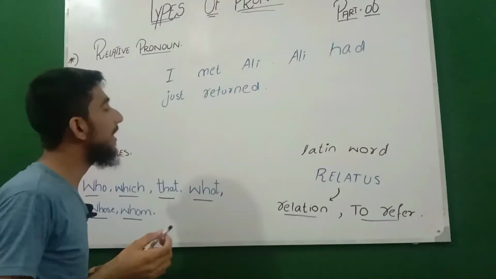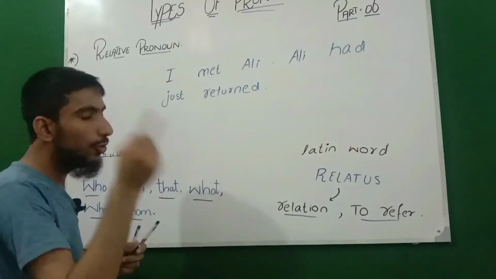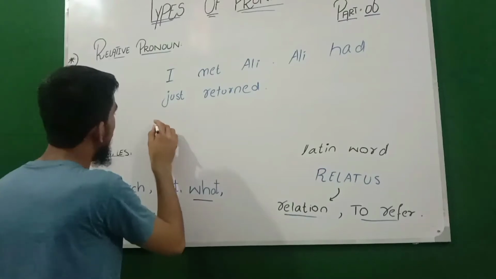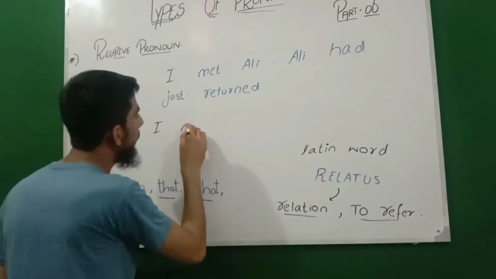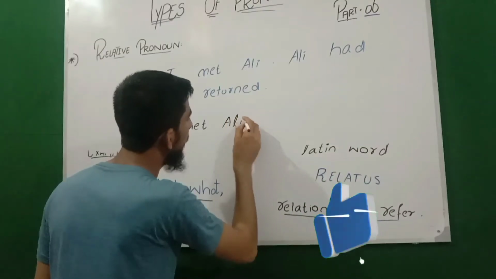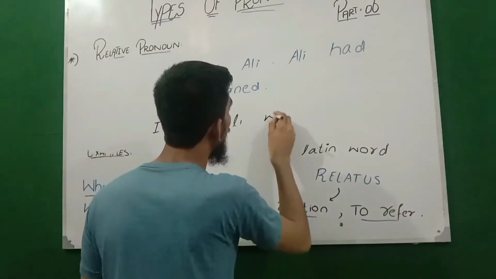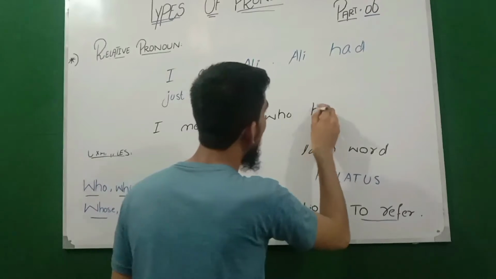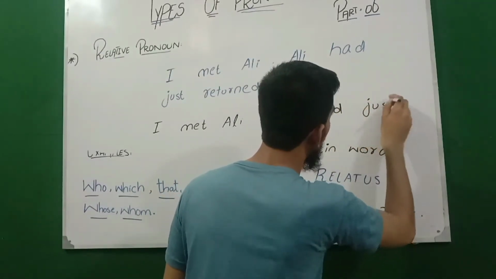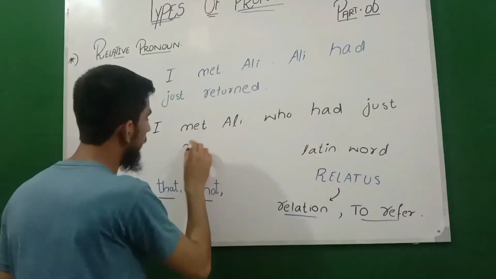It looks awkward. In order to make it correct, we may use a relative pronoun. I may write it like this: I met Ali who had just returned.